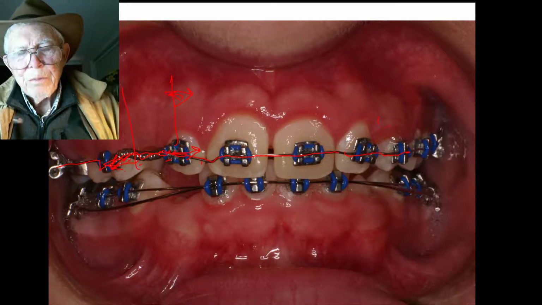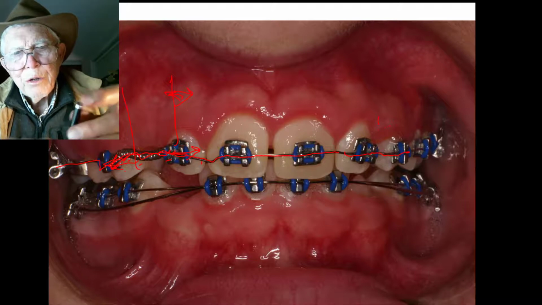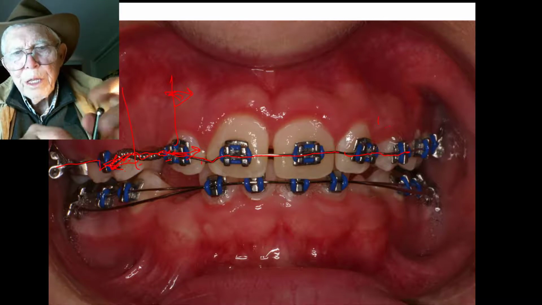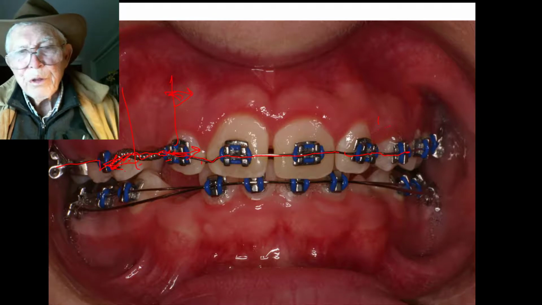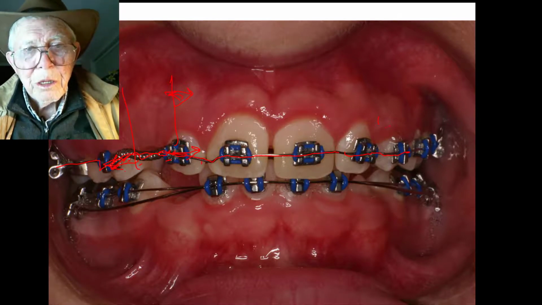Now, if you've got somebody with a lot of periodontal bone loss and you just have a small amount on there, it will tip more at the point than it will if you've got a lot of cortical bone. It'll tip further up on the tooth. You just have to kind of think these things out.